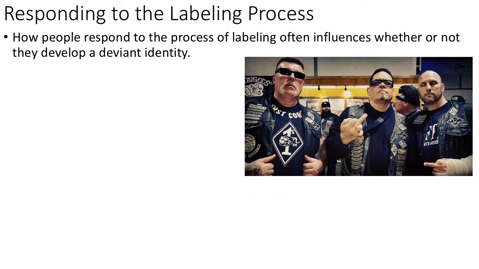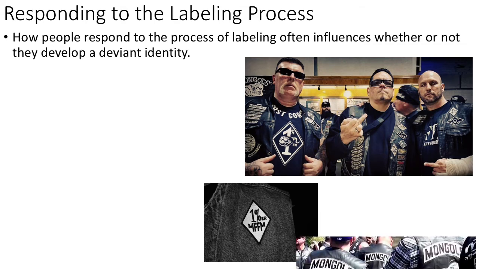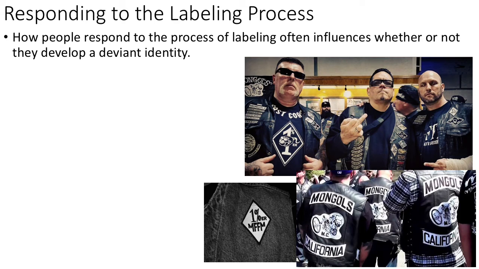So I have a picture here of some outlaw bikers, and I'll explain what these are as we go along. These are some friendly folks who represent the Mongols Motorcycle Club. You see this patch on one of the jackets that says one percenter.